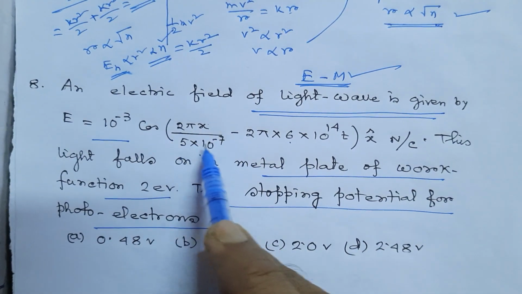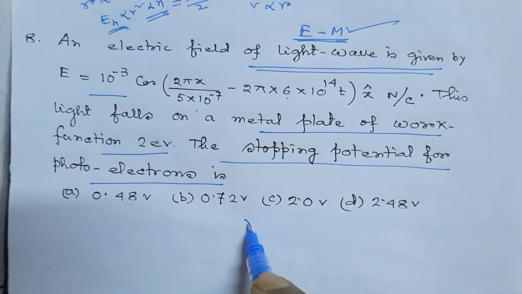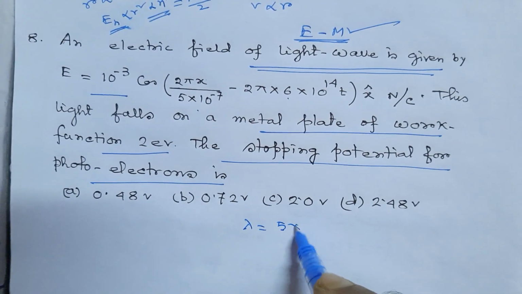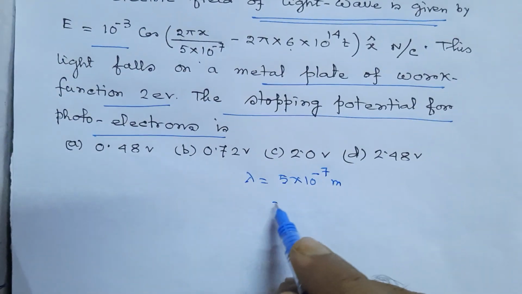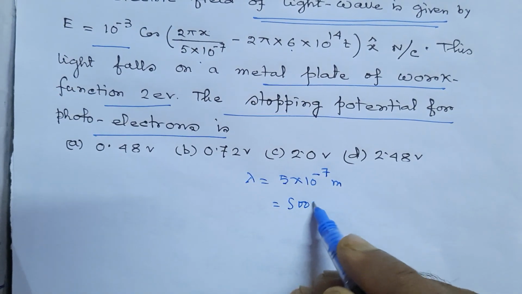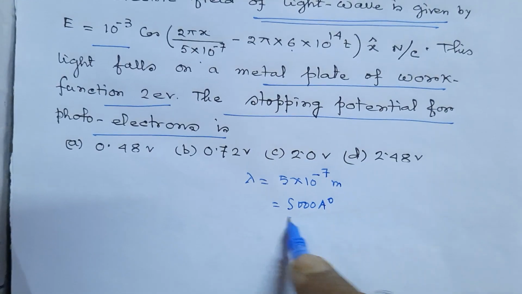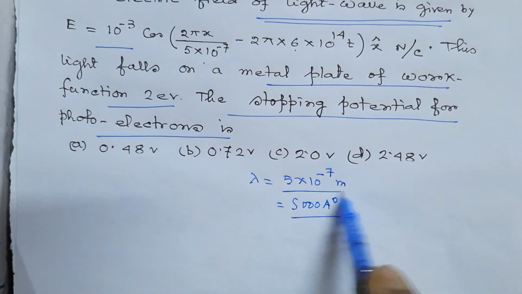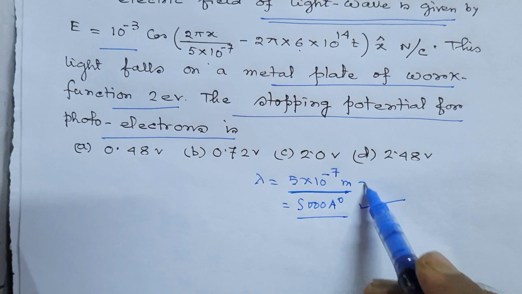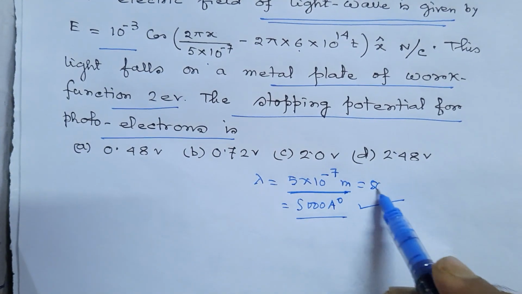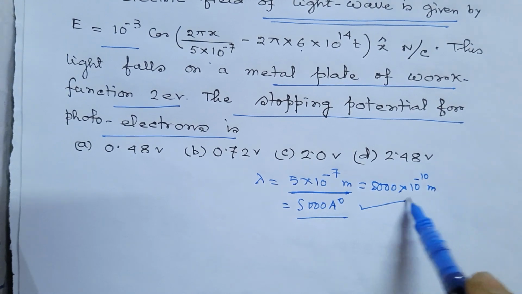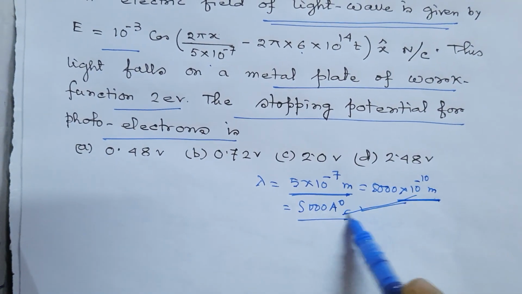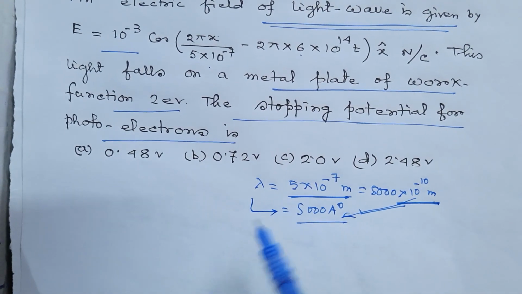So comparing this, we get lambda equals 5 into 10 to the power minus 7 meter, that is 5000 angstrom, because this equals 5000 into 10 to the power minus 10 meter, and 10 to the power minus 10 meter equals 1 angstrom. So this lambda is 5000 angstrom.